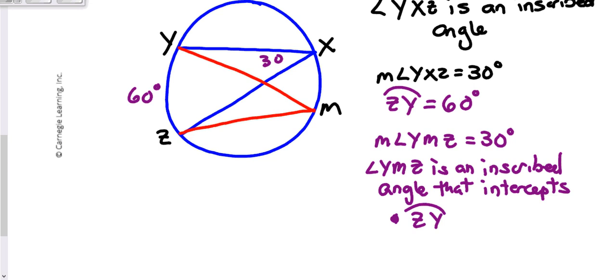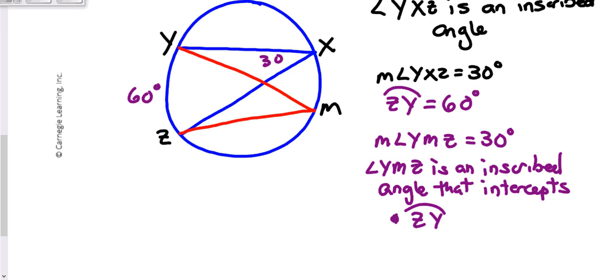So you can use a little bit of a chain rule here. If you know that one angle is 30 degrees and it's an inscribed angle, then its arc is 60. Therefore, if it has another angle that intercepts that same arc, then it's also going to be 30 degrees. And so you can have congruent angles in that sense. Okay, so that's a little bit like a homework problem.